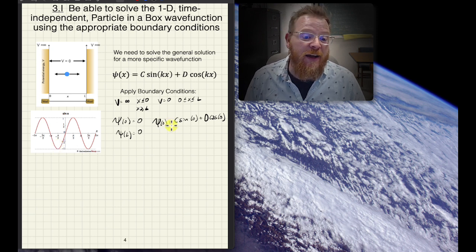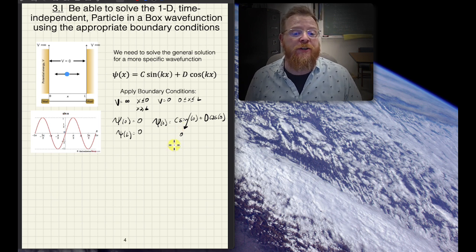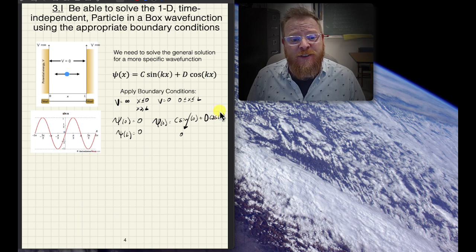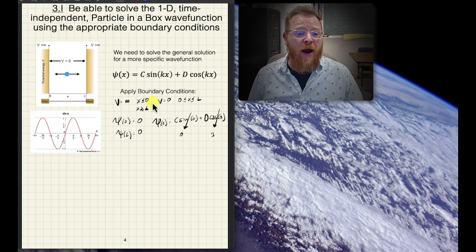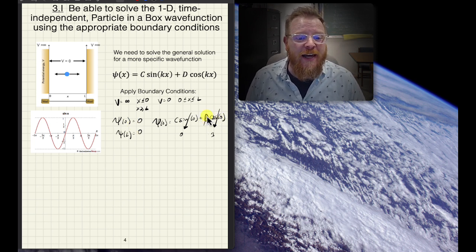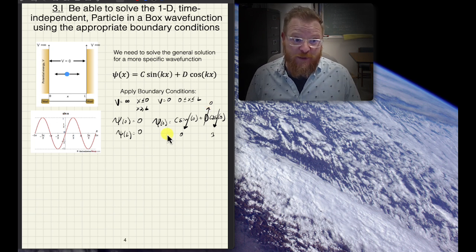And we can see that sine at x equals 0 is 0. So that just drops out to 0, which is looking good so far. However, the cosine of 0 equals 1. So that doesn't work for our boundary condition. So what we can conclude in this problem is that this d term has to be 0 for this specific problem.